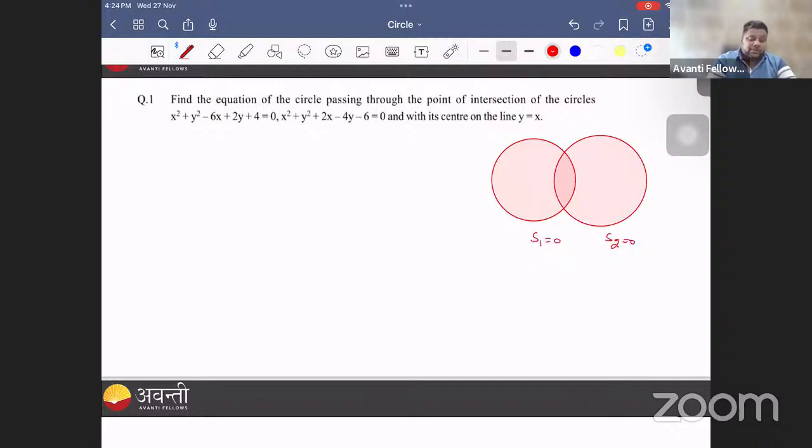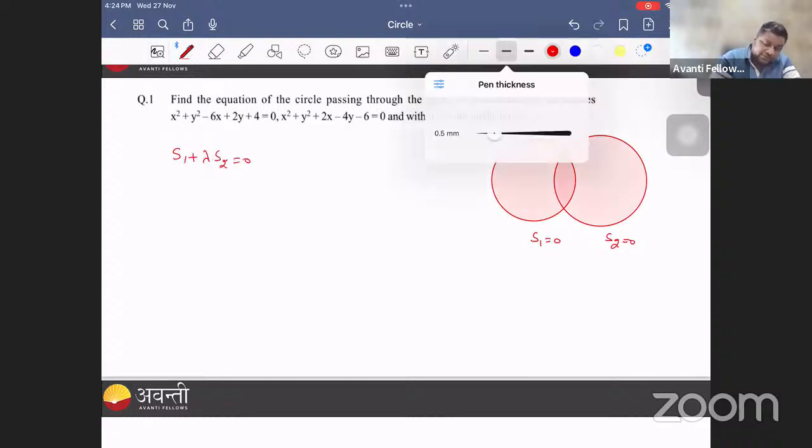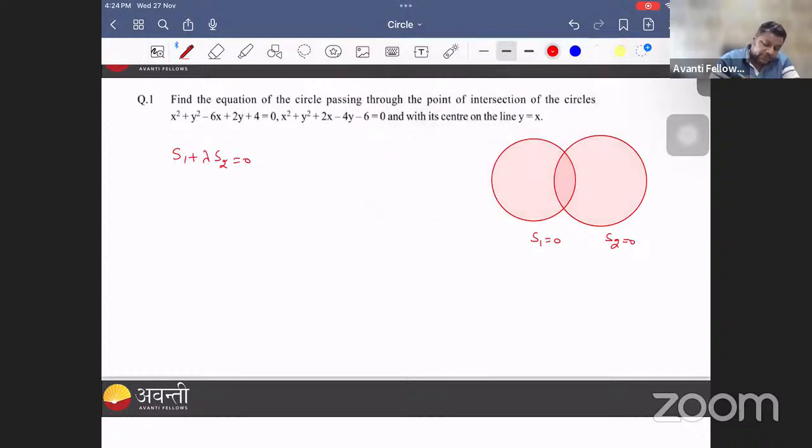So what will be the equation of the family of circles? That is S1 plus lambda S2 equals 0. So this will be x square plus y square minus 6x plus 2y plus 4 plus lambda times (x square plus y square plus 2x minus 4y minus 6) equals 0. Yes or no? Now collect the terms.